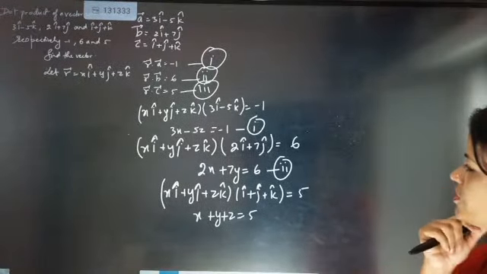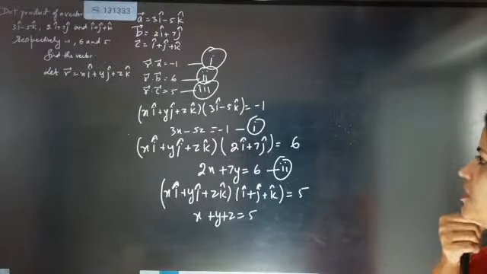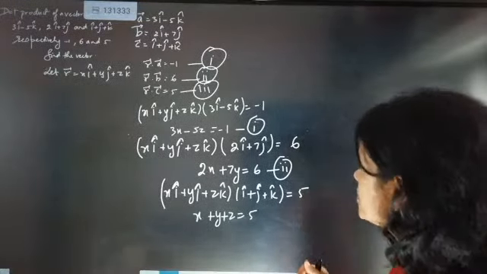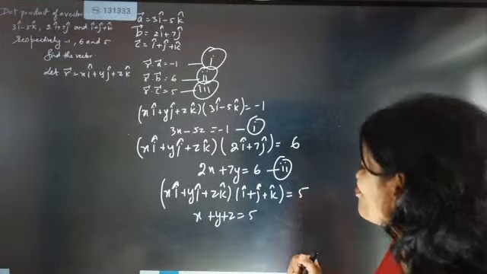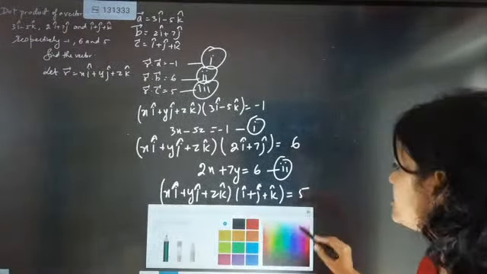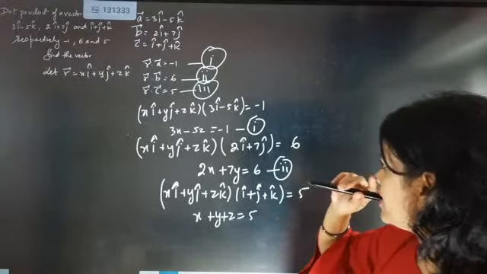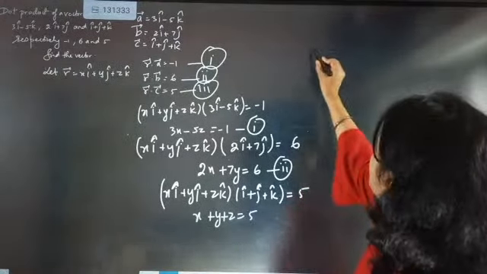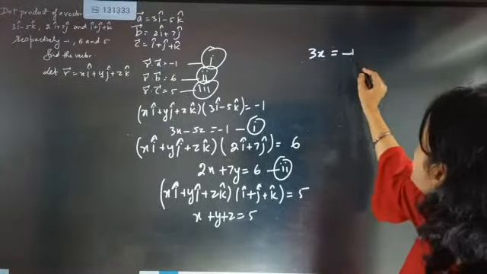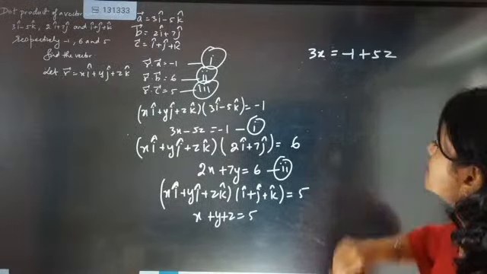Why can't I substitute the values of x and y, or add them? I'm thinking of addition and then of subtraction, something so that we can cancel this one out. Z is coming here. Okay, 3x will be equal to minus 1 plus 5z.